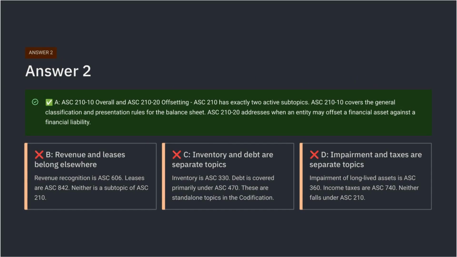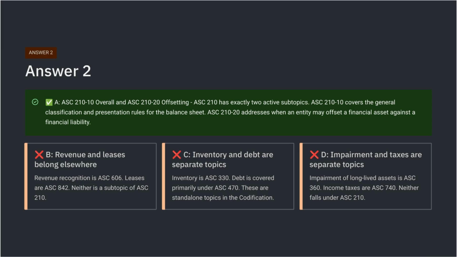The correct answer is A. ASC 210-10 overall and ASC 210-20 offsetting. ASC 210-10 covers the overall balance sheet presentation and classification rules. ASC 210-20 covers offsetting, meaning when an entity may present a financial asset and a financial liability as a single net amount.